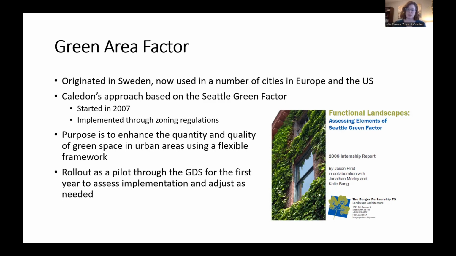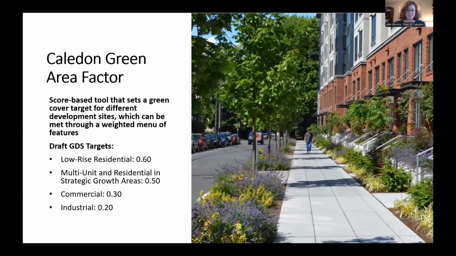It hasn't been used to a large extent in Canada, so we want to test it out, work with applicants to see how it's operating on the ground, and refine it from there. So, next slide. Basically, it's a score-based tool that sets a green cover target for different development sites, and that target can be met through a weighted menu of options.